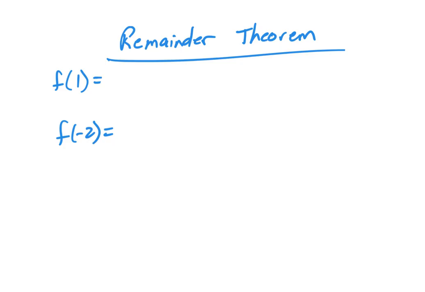Our polynomial is f of x equals x cubed minus 6x squared plus 11x minus 6. Okay, now here is the one big difference here, okay?